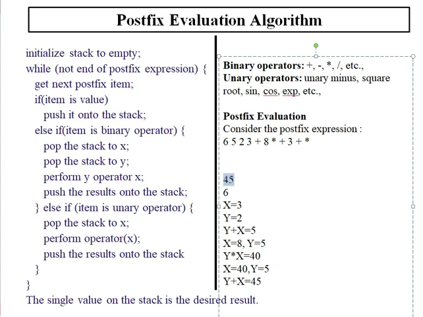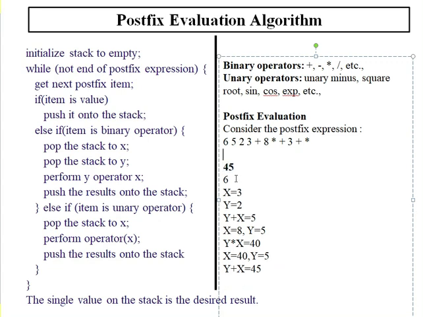So the top is 45. The next one is 3. So we should push 3. It is the top. The next item is plus. So it is binary. So we should pop x as 3, then y as 45. As it is plus, the result is y plus x, which is equal to 48.